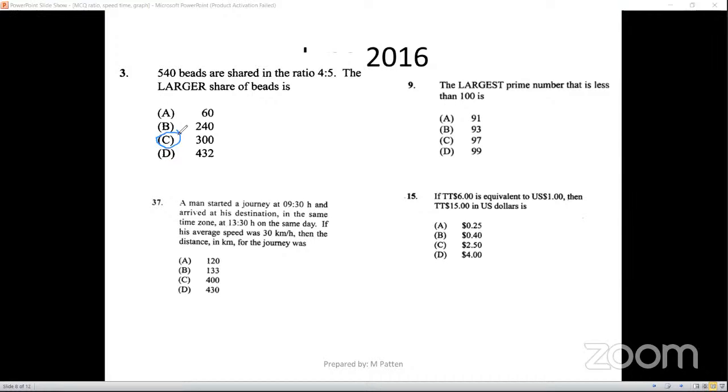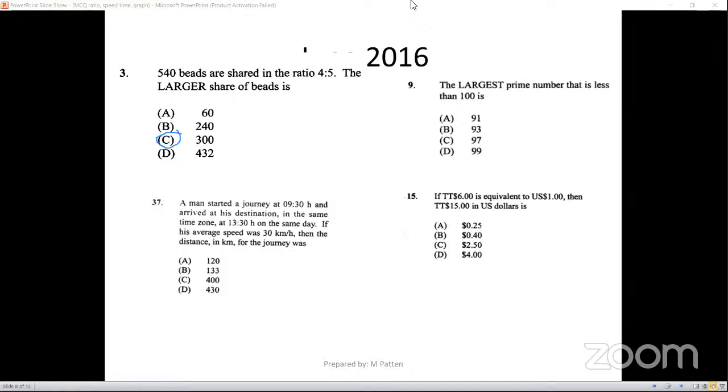All right, number 37. Somebody can read that for me, please. A man started a journey at 9:30 and arrived at his destination in the same time zone at 13:30 on the same day.